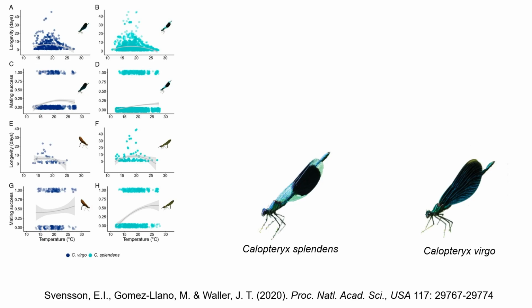That fits quite well with functional arguments that melanin not only functions in sexual selection, but also has natural selection consequences. And looking at survivorship and mating success of both females and males, broadly speaking, the optimum for mating success seems to be at higher temperatures.